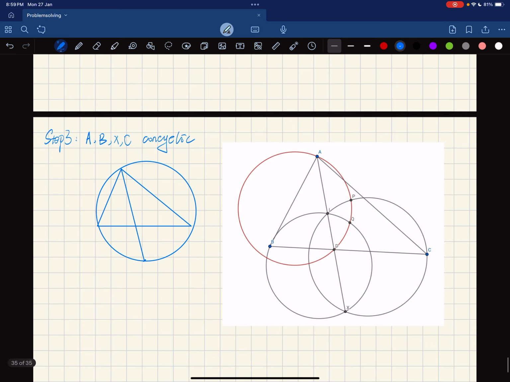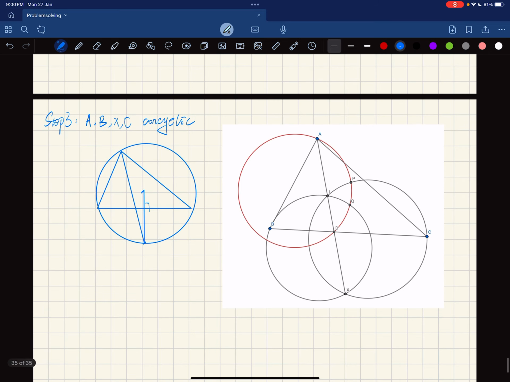It is the intersection with the circle, and it is the center of the circle. So here, these two segments are perpendicular to each other.